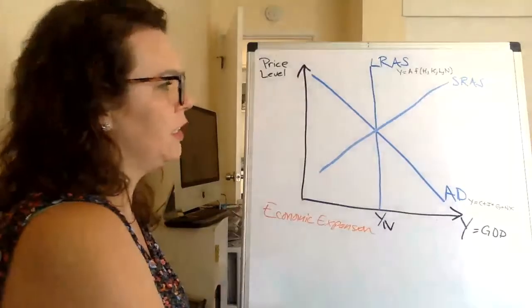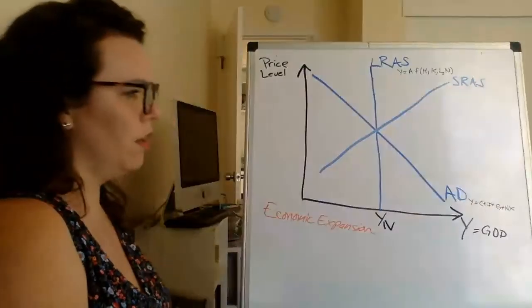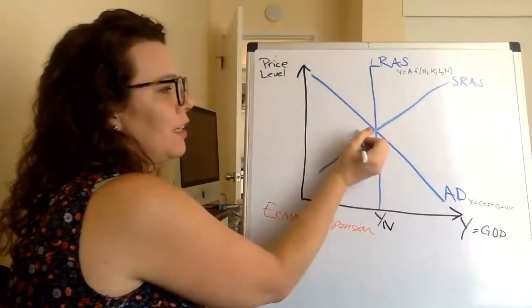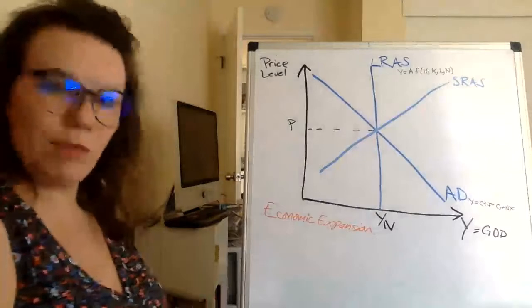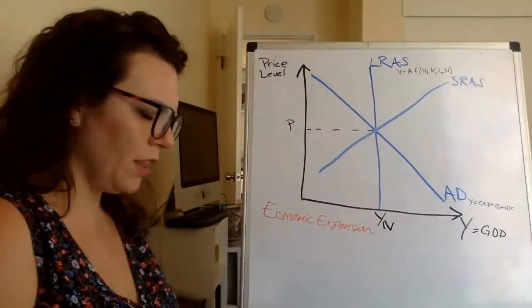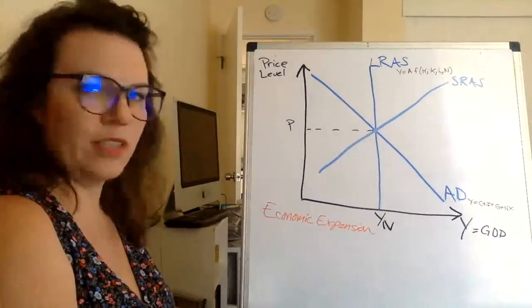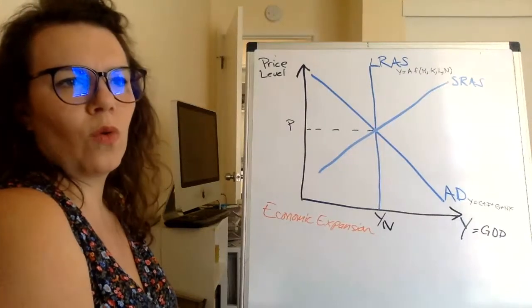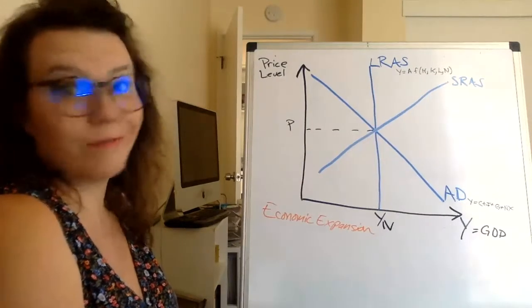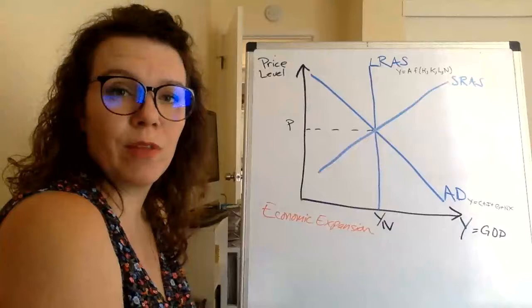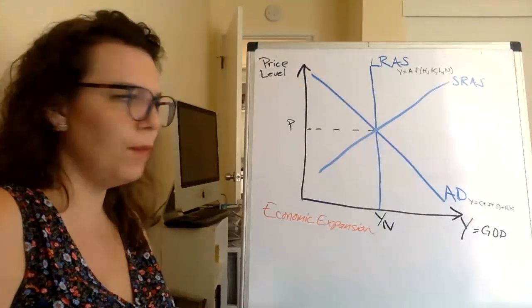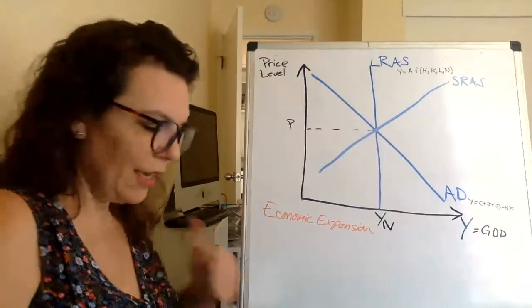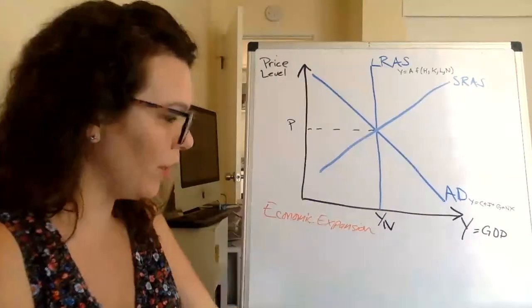We could see an increase in domestic incomes. So if domestic incomes went up, you can think about like the early 2000s or the last 10 years, basically, since we recovered from the financial crisis, we saw a period of economic expansion. And so incomes went up, which meant that consumption went up.